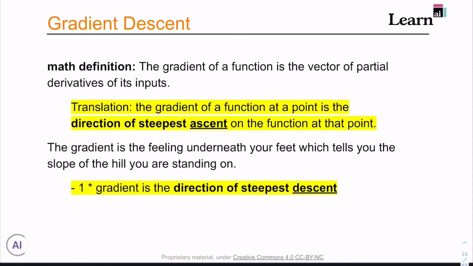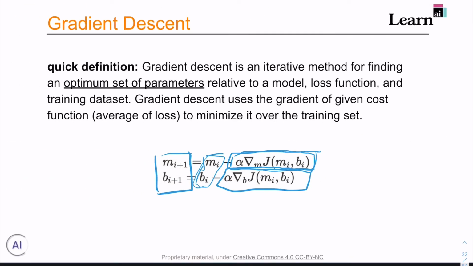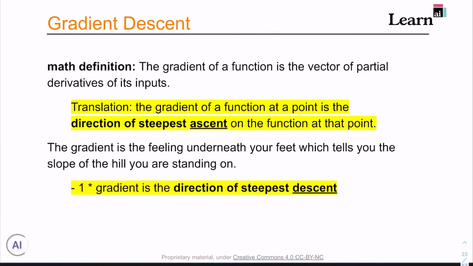So we're going to start off with the formal math definition of what the gradient is. The gradient is this upside-down triangle that you're seeing over here. The gradient of a function f is equal to the vector of the partial derivatives of the inputs of that function: the partial of f with respect to x1, the partial of f with respect to x2, and so on.